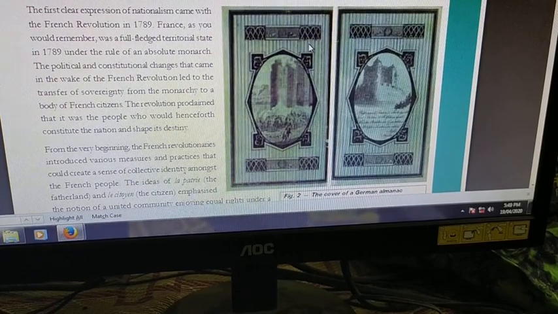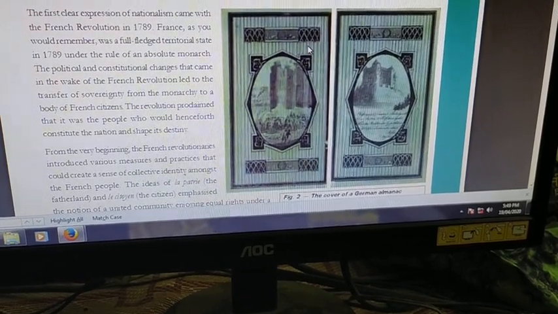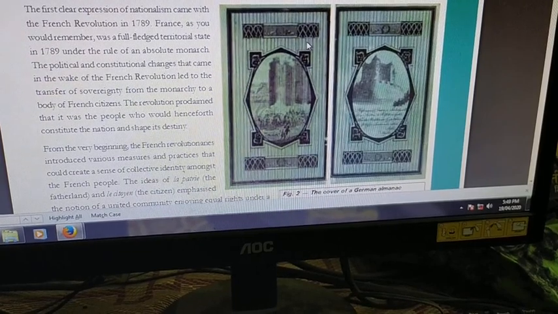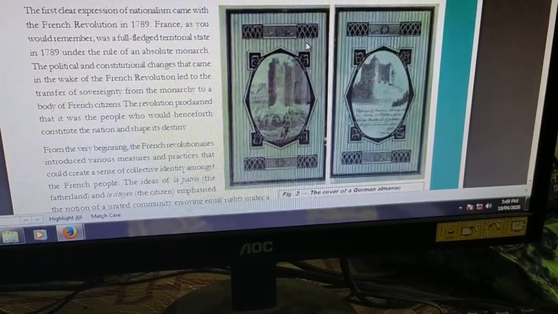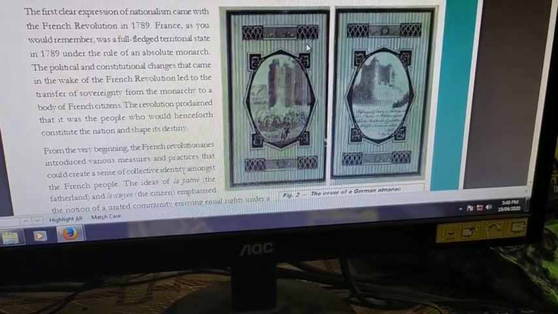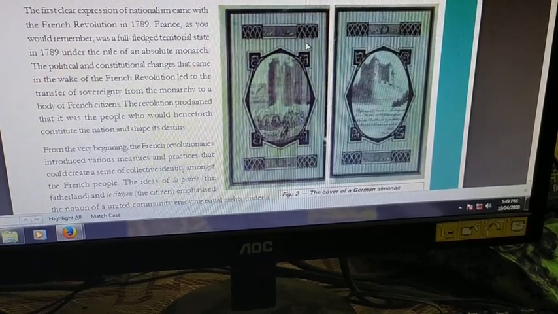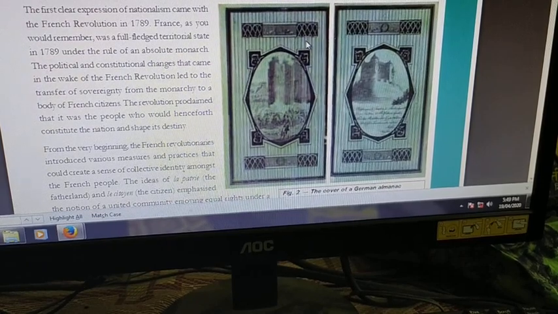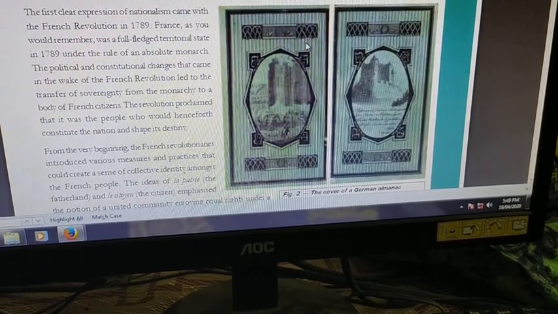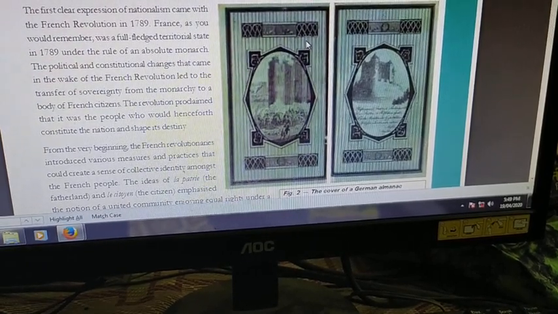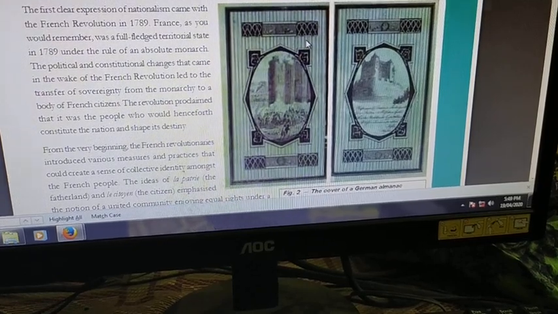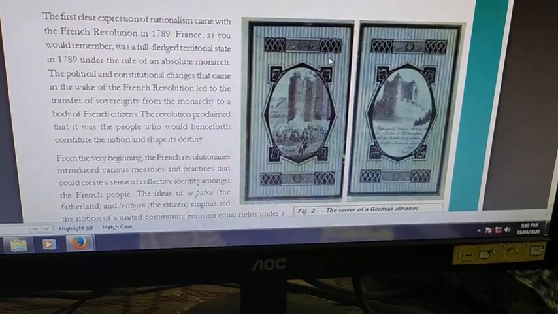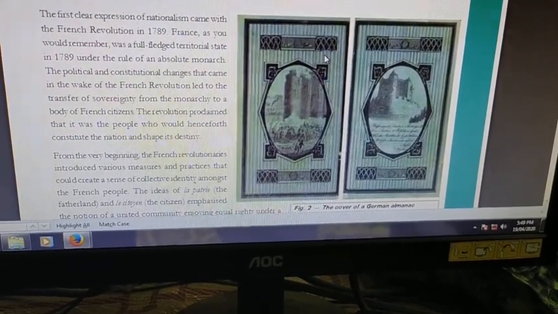They also had a common language, that is French, as it was spoken and written in Paris. This language became the common language of the nation. When the news of the events in France reached the different cities of Europe, students and other members of the educated middle class began setting up their Jacobin clubs.